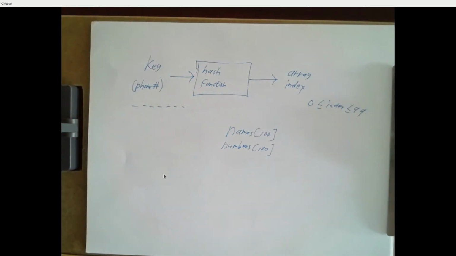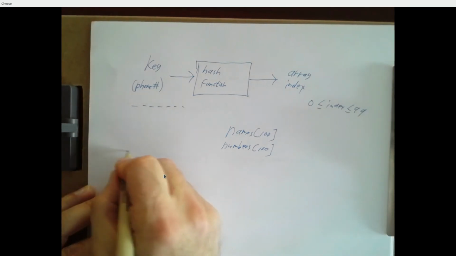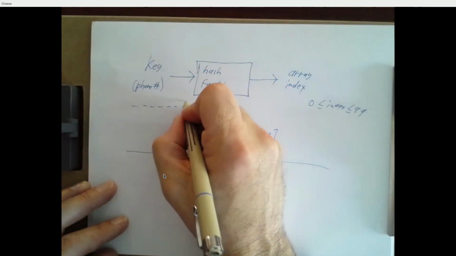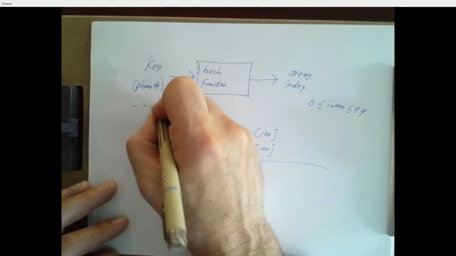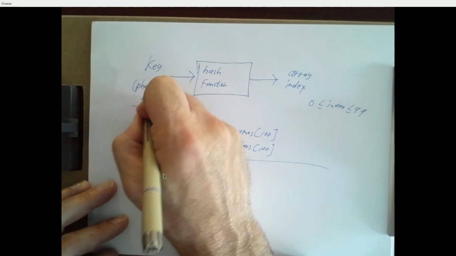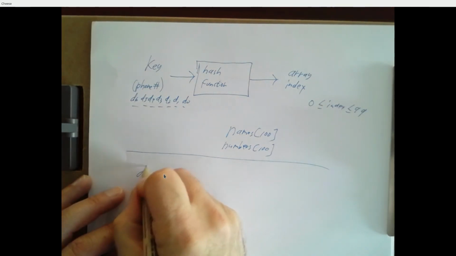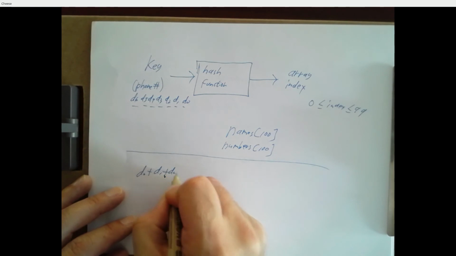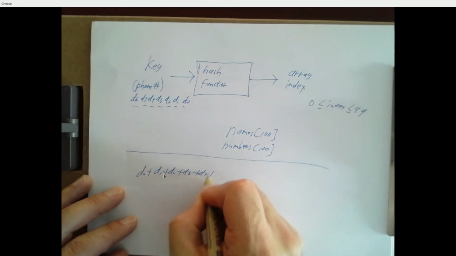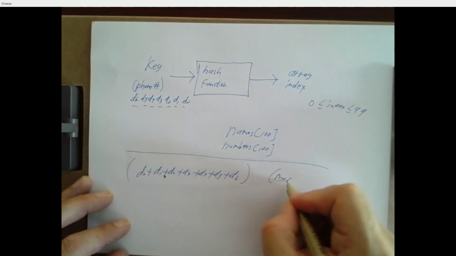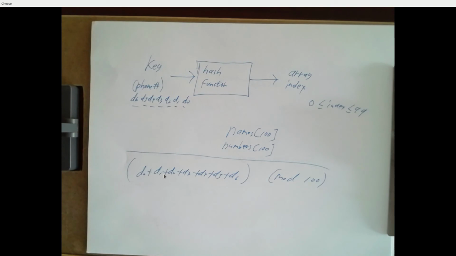And I'll give you a really simple example of a hash. So let's suppose our phone number is 7 digits, D0 through D6. Well, this is kind of silly because this is never going to get larger than 63.